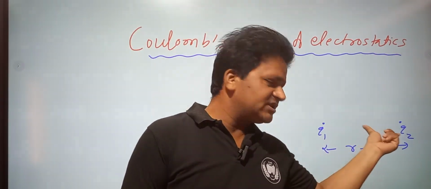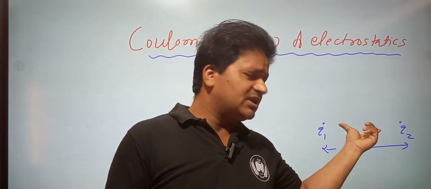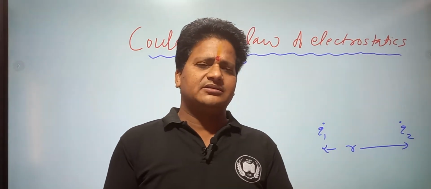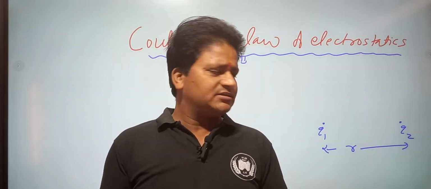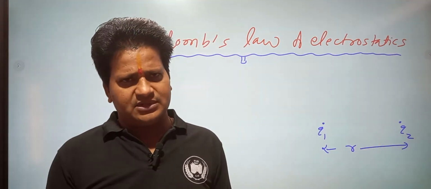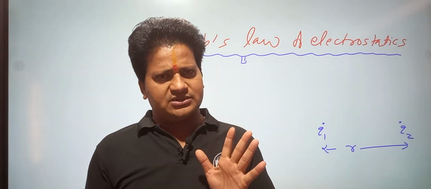If both charges are like, there is repulsion. If the nature of charges is opposite, meaning one is positive and the other is negative, then there will be an attractive force.